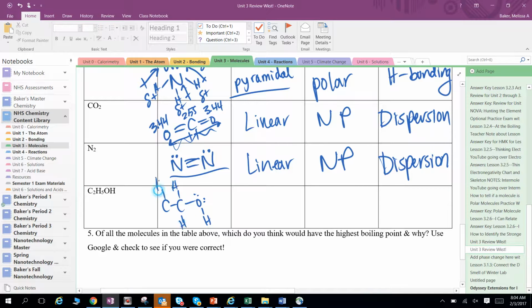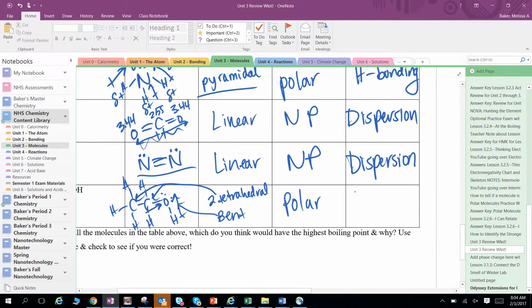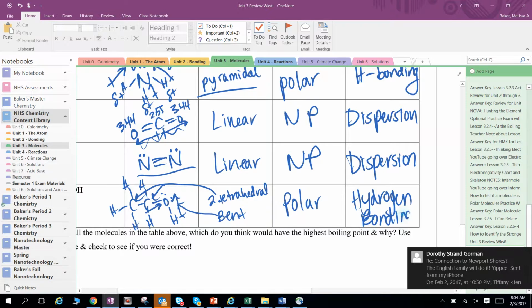It's just got an extra carbon. So now we've got two tetrahedrals around these carbons, and we still have one bent shape. This is definitely polar, again, because the oxygen is stealing electron cloud away from the hydrogen and the carbon. So just like that other one, this one is going to have hydrogen bonding forces.